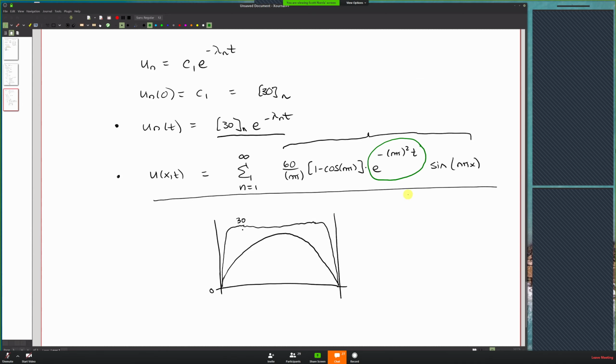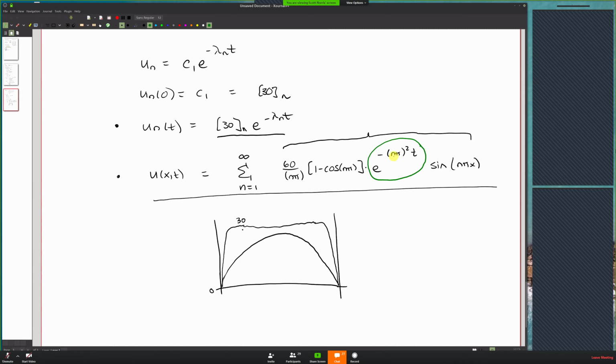The second thing I wanted to point out is that each of these modes, each of the eigenfunctions, decays in time at a different rate. So we now have all these different eigenfunctions in our initial condition, and they're all decaying in time because of this exponential decay rate. But look how the rate changes depending on the value of n.